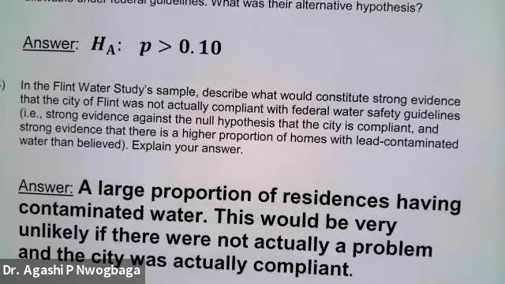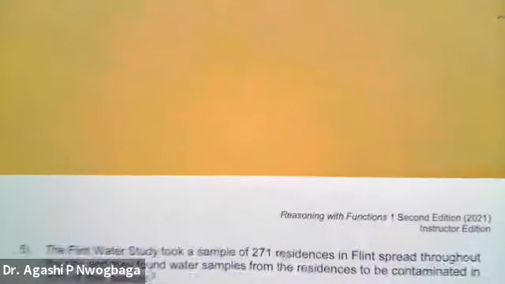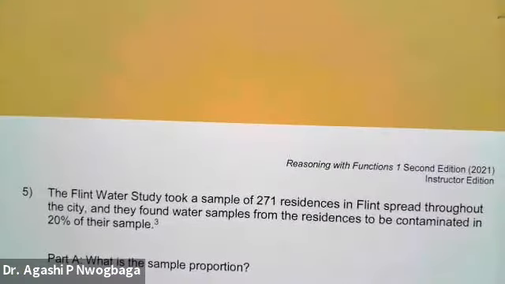Okay. Let's go to number 5. Number 5 says, the Flint water study took a sample of 271 residences in Flint, spread throughout the city, and they found water samples from the residences to be contaminated in 20% of their sample. What is the sample proportion?